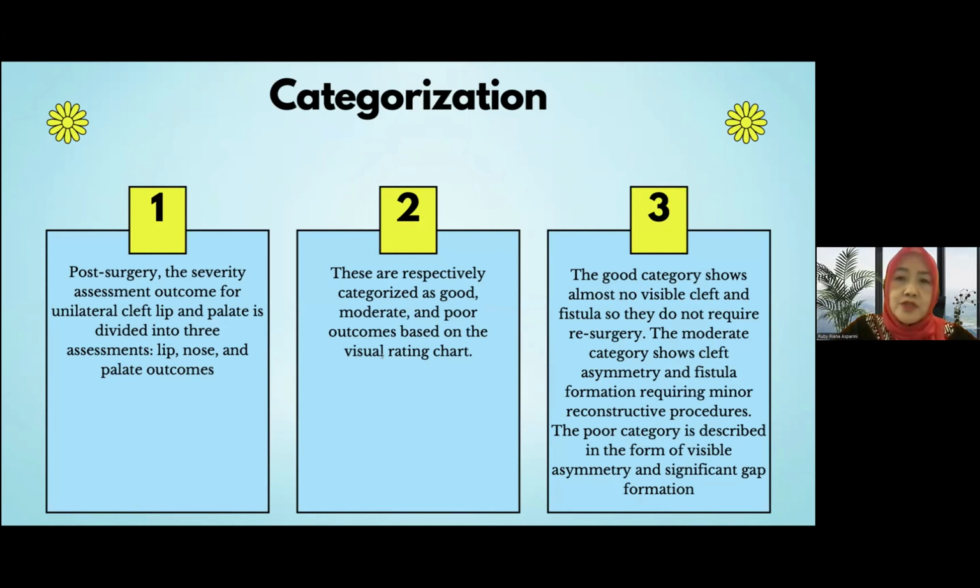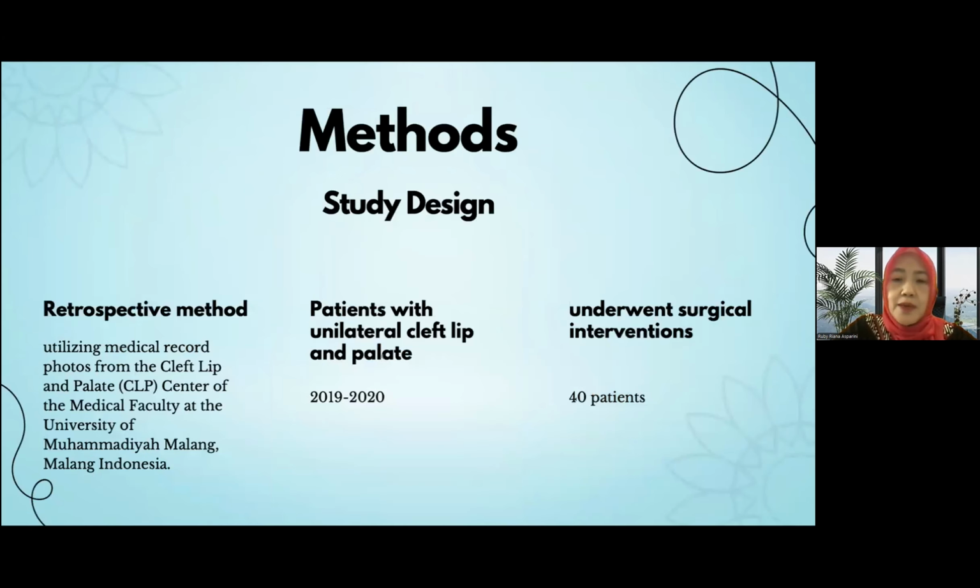The good category shows almost no visible cleft and fistula, so they do not require resurgery. The moderate category shows cleft asymmetry and fistula formation requiring minor reconstructive procedure. The poor category is described in the form of visible asymmetry and significant gap formation.